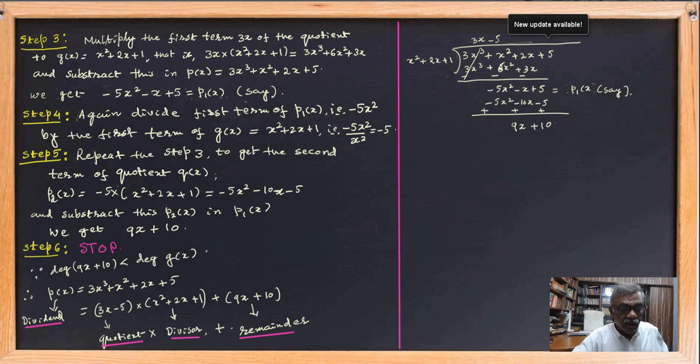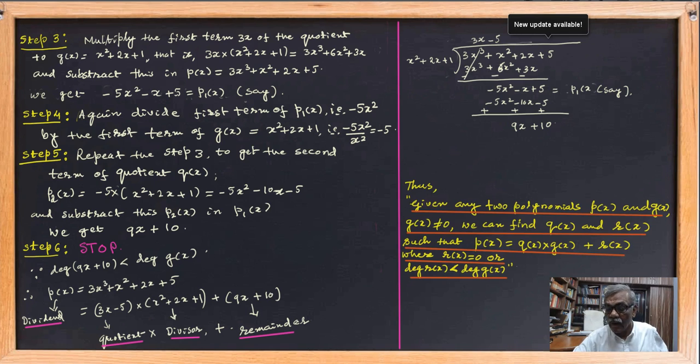And therefore I can put this division process in terms of a statement, as in the case of the Euclidean algorithm. Thus, given any two polynomials p(x) and g(x), where g(x) is not equal to 0, we can find q(x) and r(x) such that p(x) is equal to q(x) into g(x) plus r(x), where r(x) is either 0 or the degree of r(x) is less than the degree of g(x).